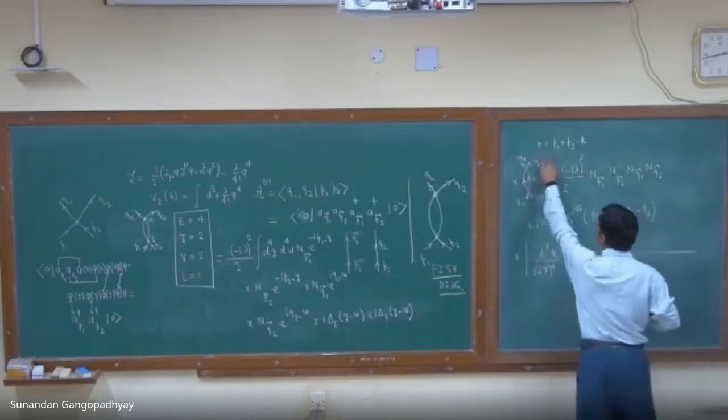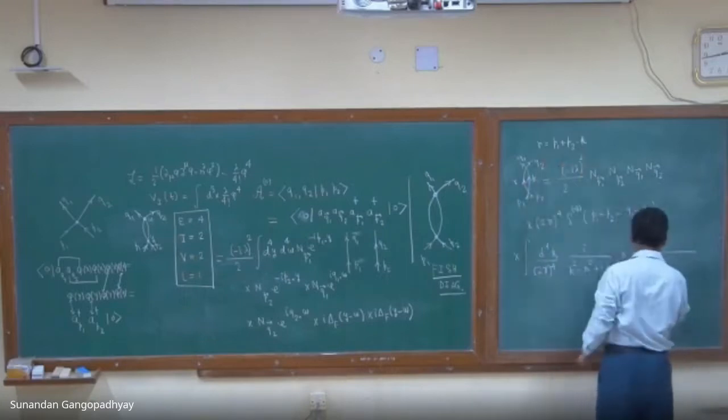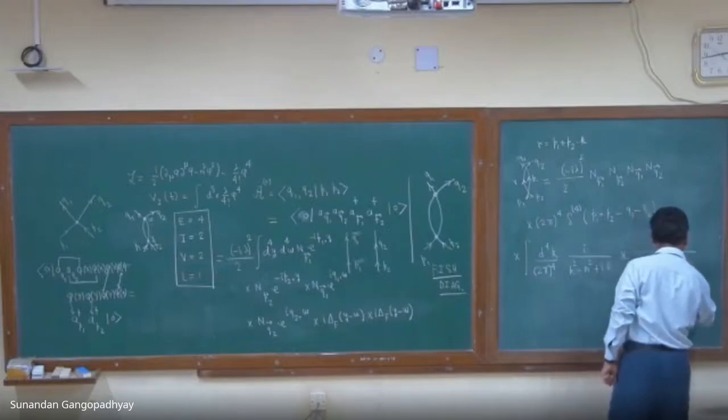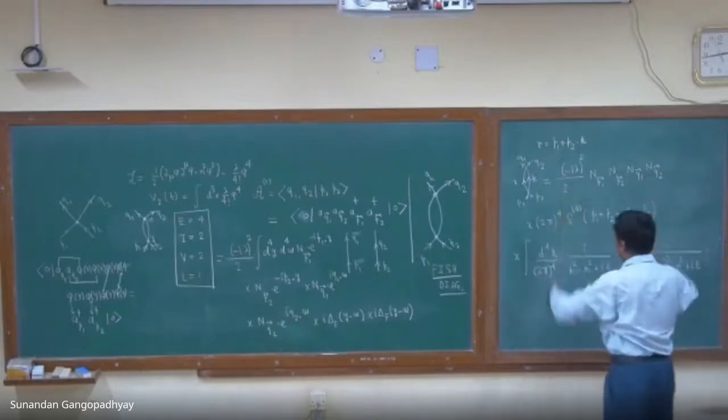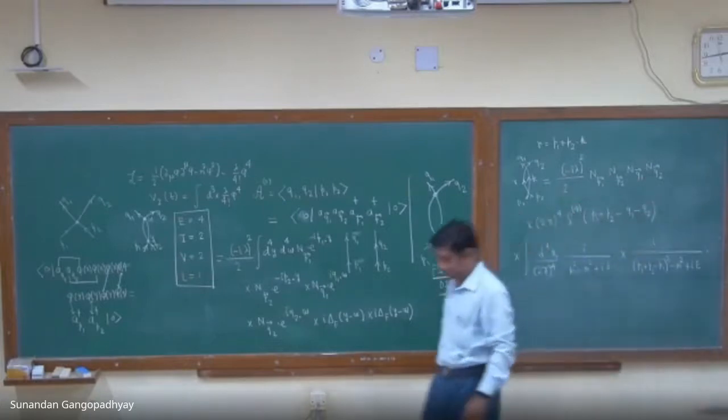The momentum is basically P1 plus P2 minus k. Therefore, we will have (P1 plus P2 minus k) whole squared minus m squared plus i epsilon. So this is the full expression in the momentum space.